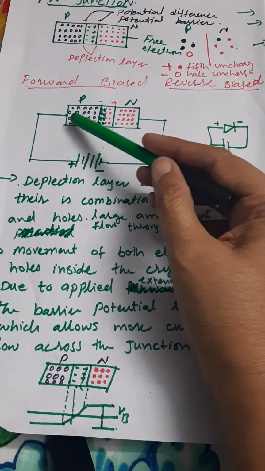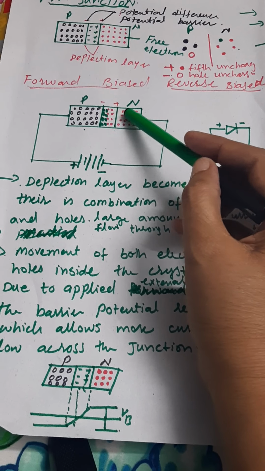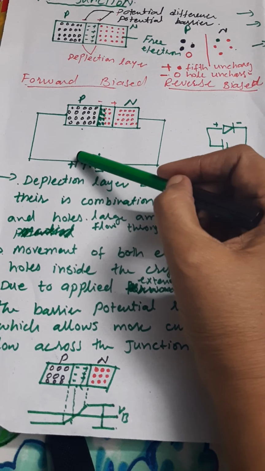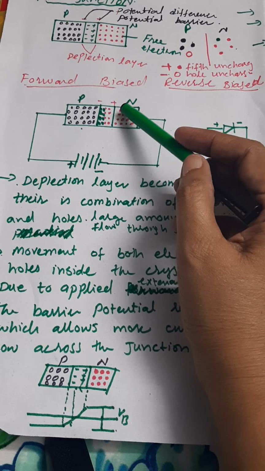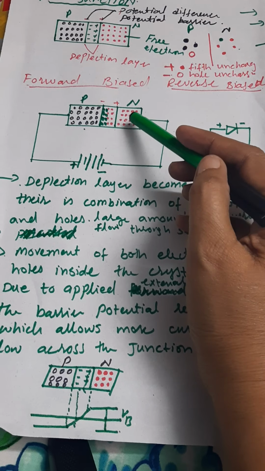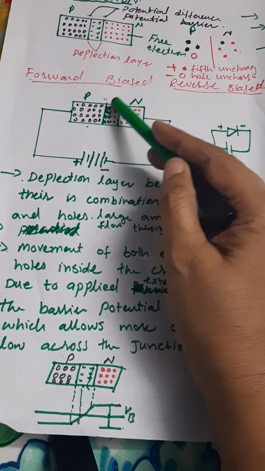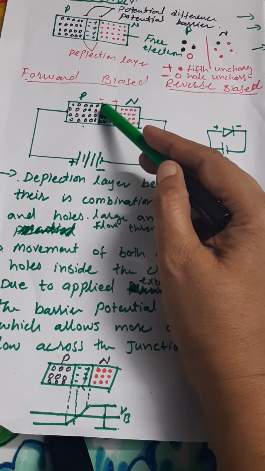Positive charge repels the holes, and negative charge repels the electrons.